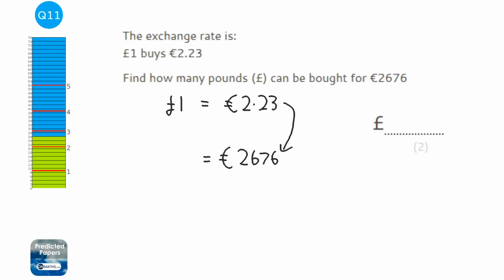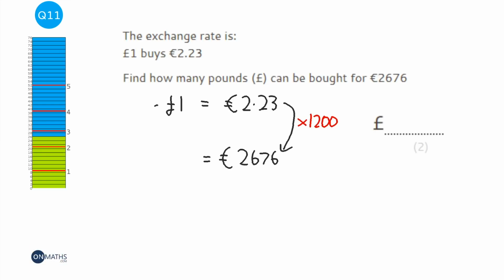Now the way of doing that is 2676 divided by 2.23, and all on the calculator. So we know we've got to times that by 1200, which is what the calculator told me when I did 2676 divided by 2.23. Now I can check that by typing 2.23 times 1200, and it gives me 2676.